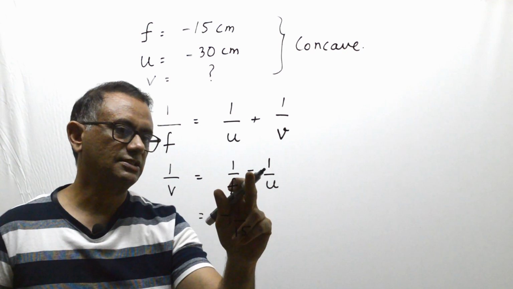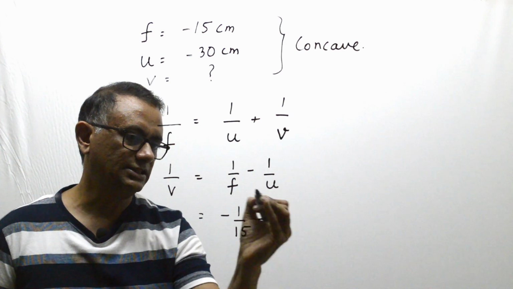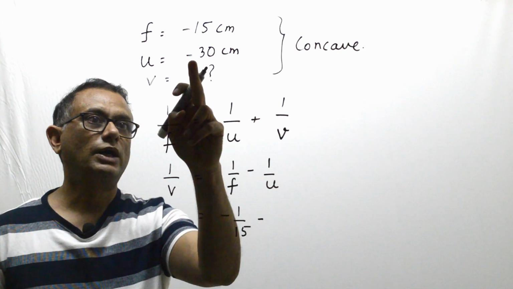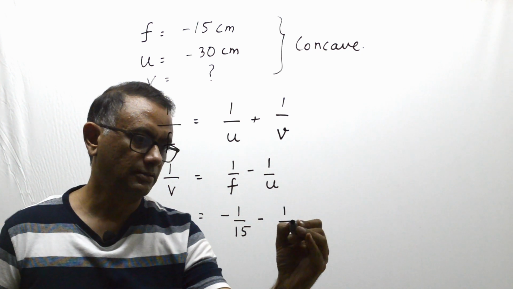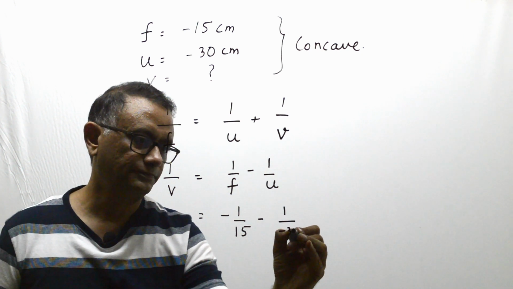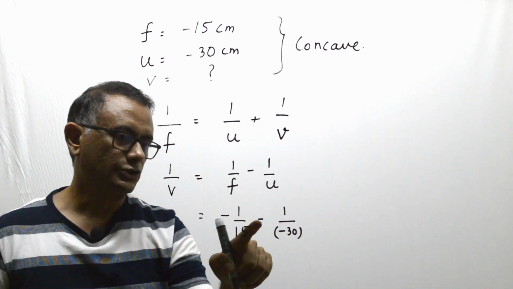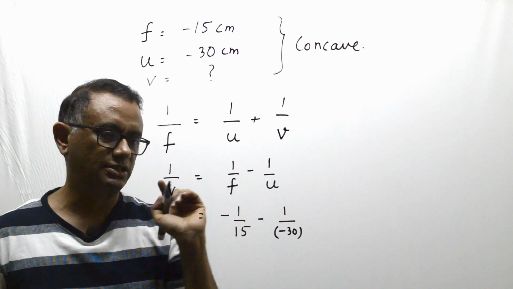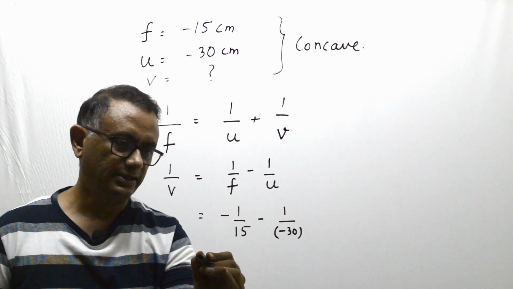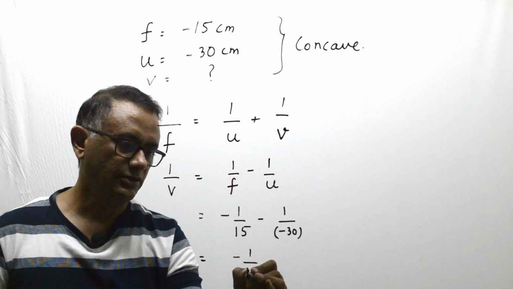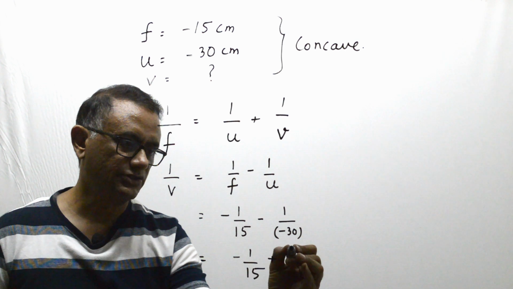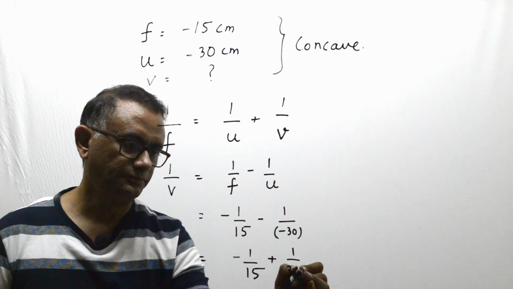And then this is the formula's minus, keep it as it is. And then U happens to be minus 30. So 1 by minus 30. Okay, so this minus is the formula's minus. Please don't miss that.